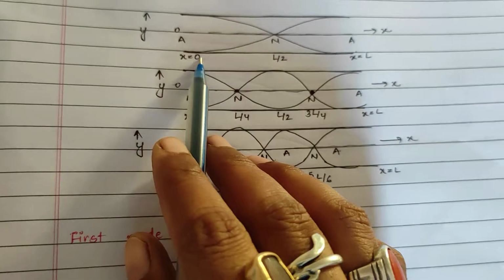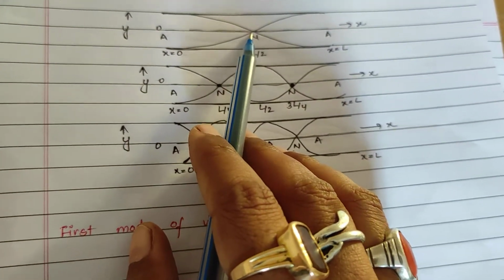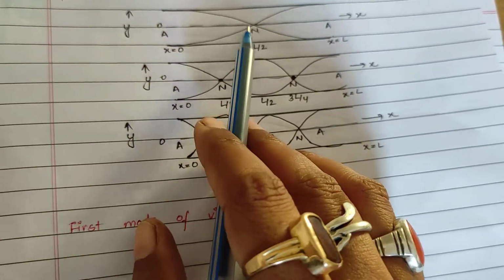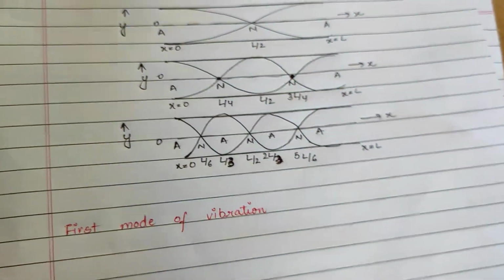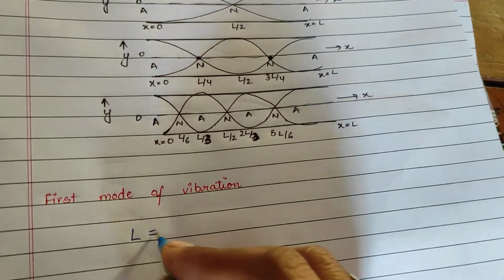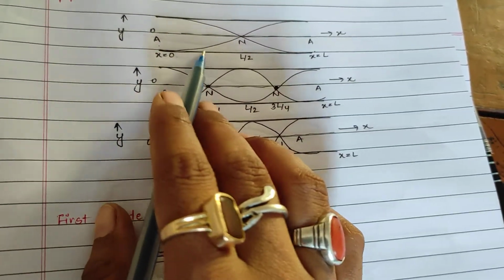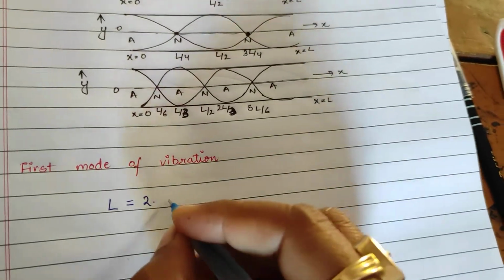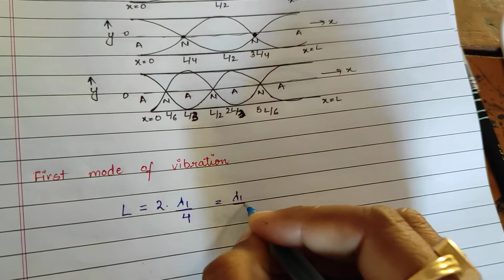Now what about the length? As we know, the distance between an antinode and a node is lambda by 4, and there are two such distances: antinode to node, and then node to antinode. So the total length L can be written in terms of lambda as 2 times lambda by 4, which gives lambda by 2.